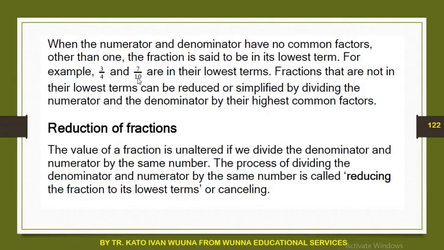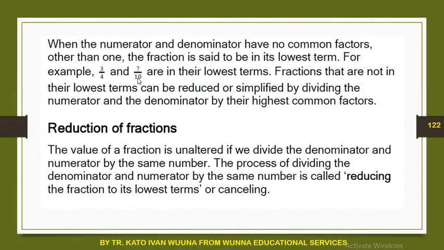So, fractions that are not in their lowest terms can be reduced or simplified by dividing the numerator and the denominator by their highest common factor. For instance, if we have 9 over 12, 9 over 12 can be reduced because the two have a highest common factor, which is 3.